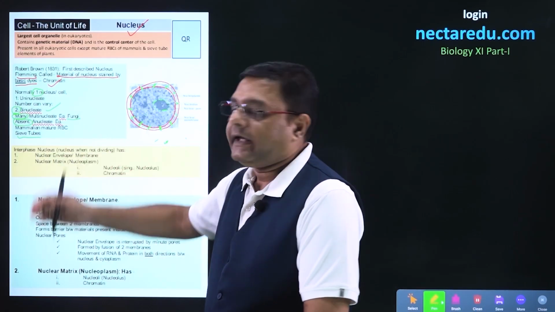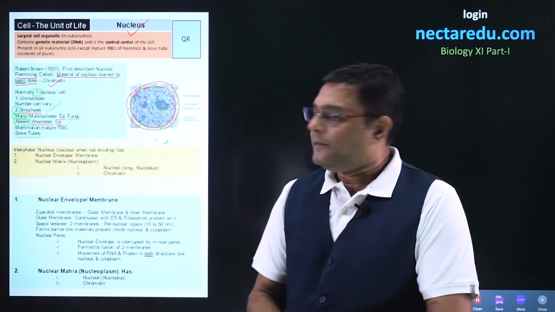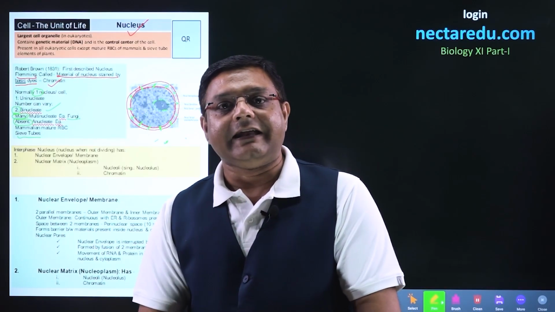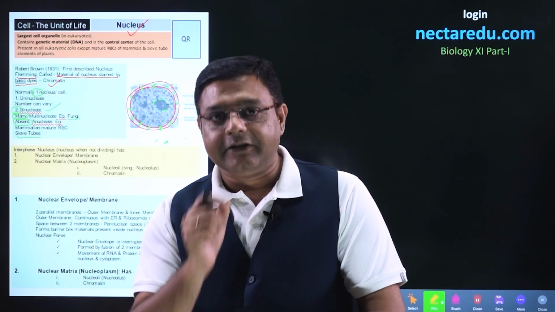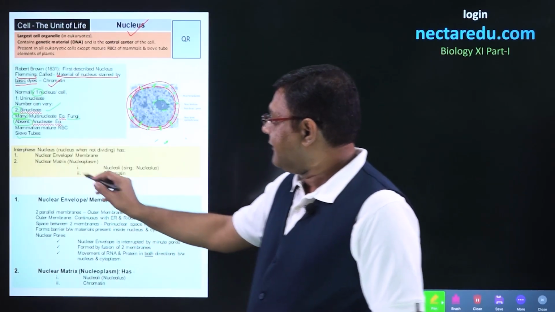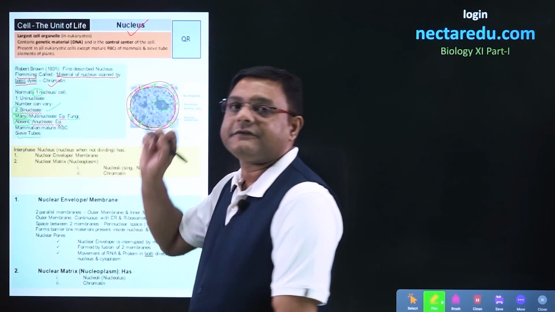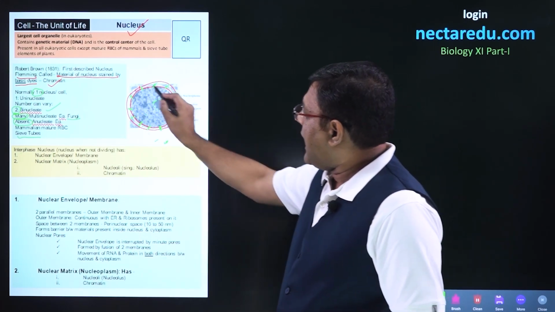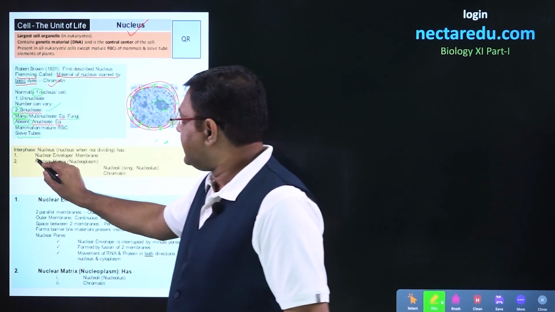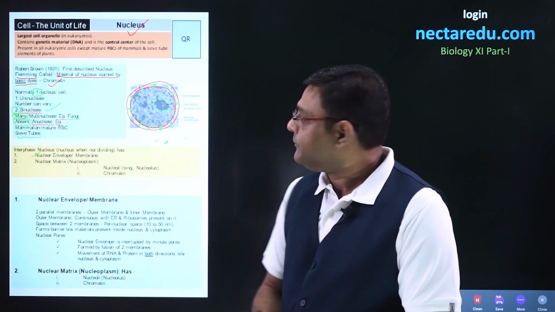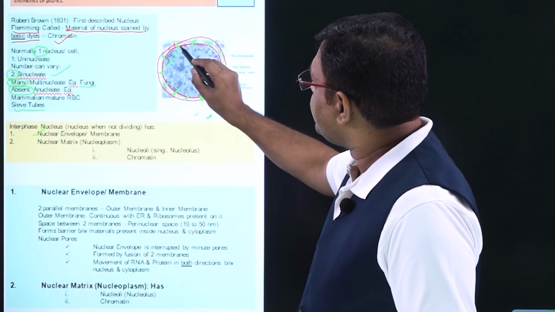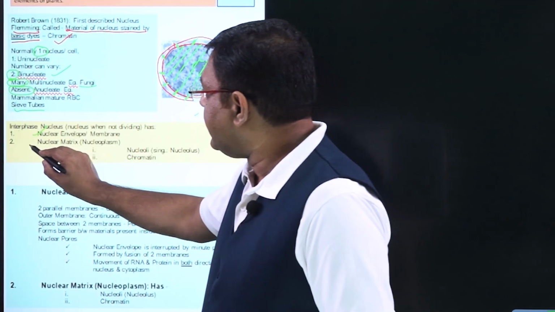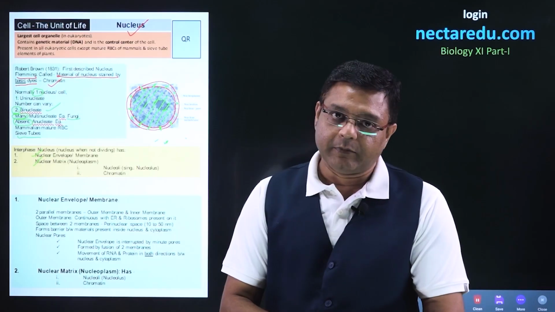Now, coming in detail about the structure of nucleus, we see the structure of nucleus when the cell is in interphase. When it is in interphase, we can see the best structure of the nucleus. Talking about the structure, outside, as we talked, is the nuclear envelope or nuclear membrane, and whatever portion is present inside the nuclear membrane is called nuclear matrix or nucleoplasm.